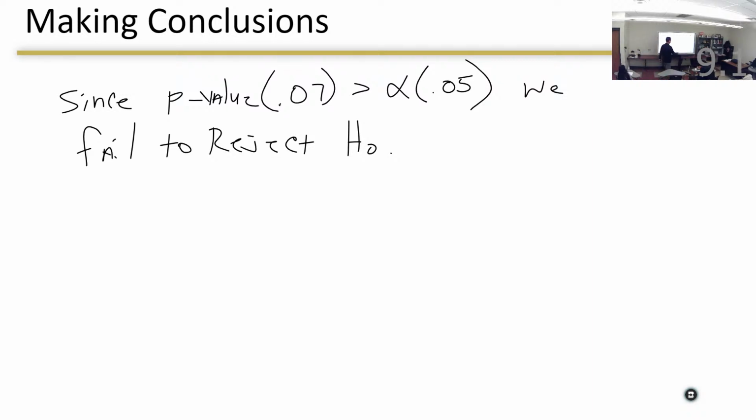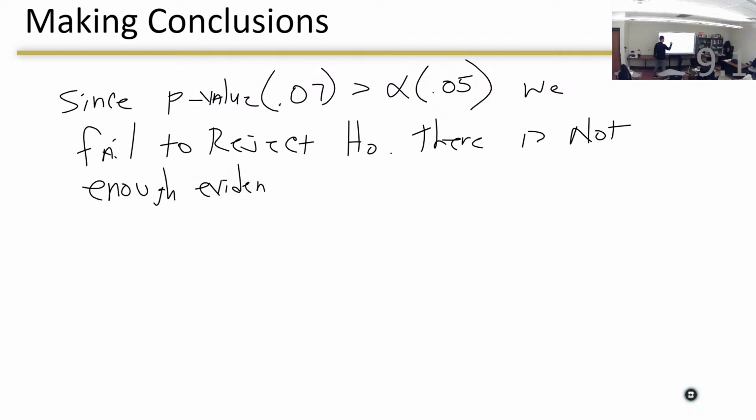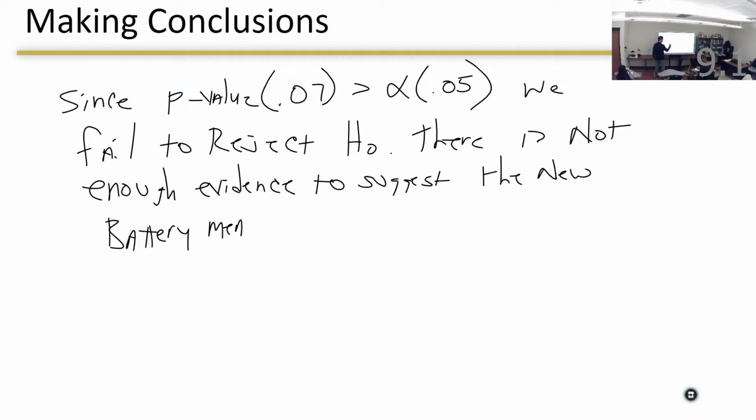Fail to reject Ho. If I fail to reject, there is not enough evidence to suggest the new battery mean lifetime is greater than 30.